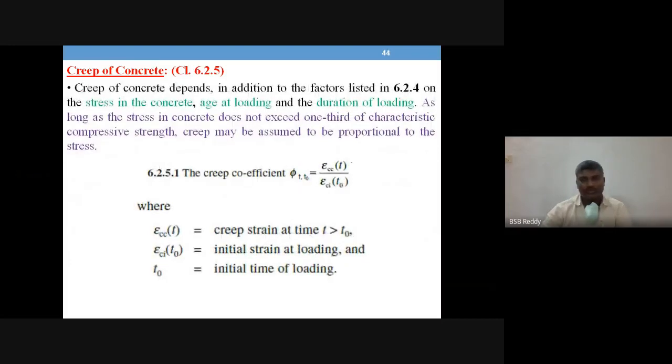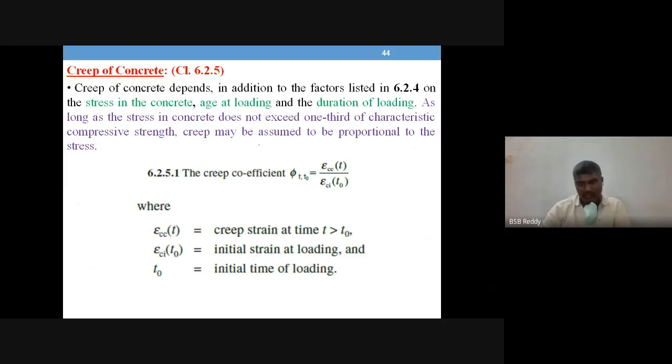In today's session, let us see what formulas you have for estimating creep strain at a particular time.